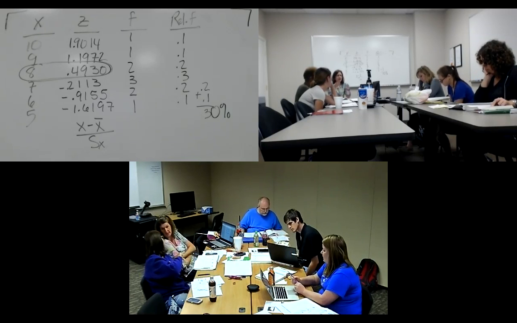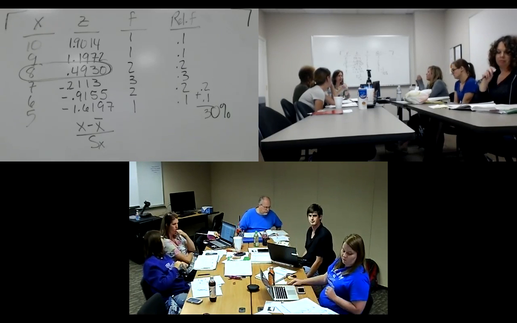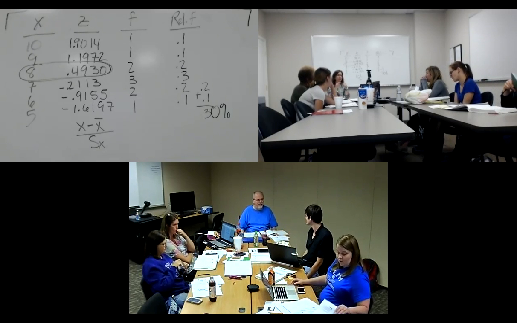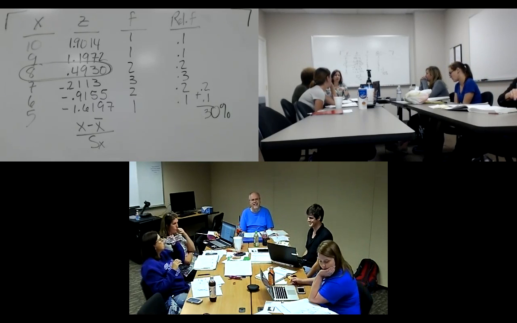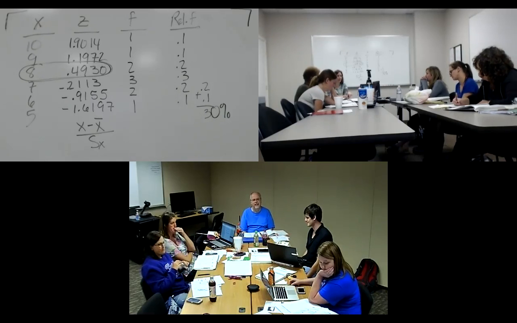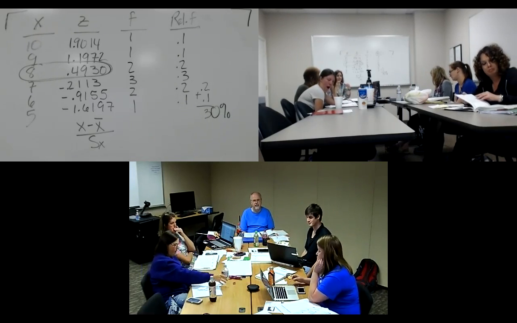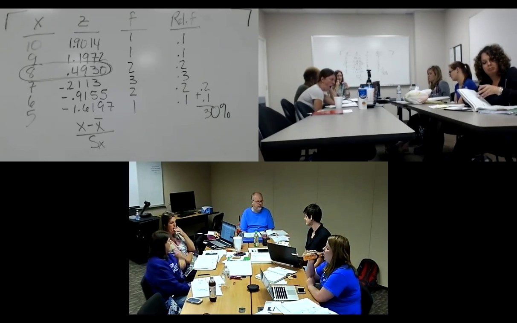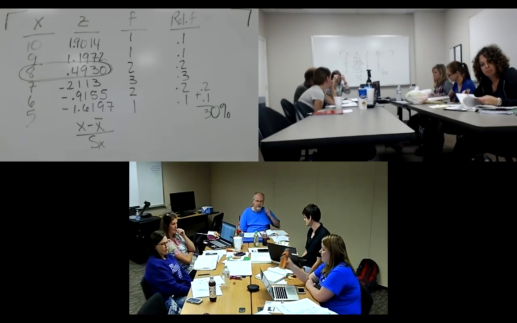I know that concept is a little bit more confusing. It will make more sense when we move into inferential statistics than it does right now. But I'm pretty sure there's a question on your homework that's going to require that. So that's why I wanted to make sure that we cover it tonight.